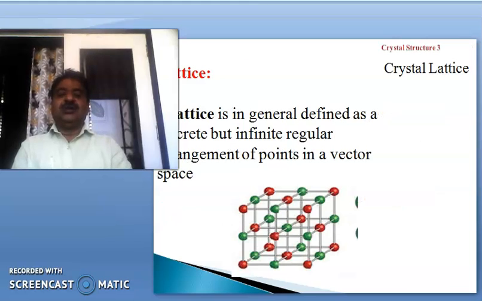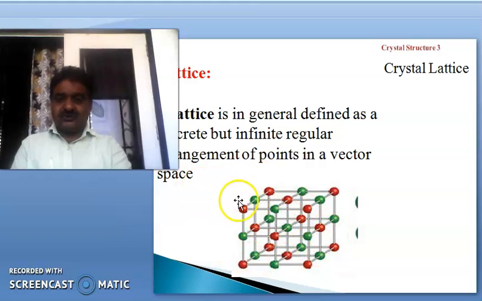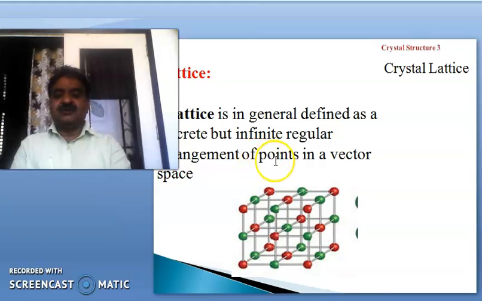You see now, carefully, this figure. Suppose these are the various constituents of the solid. We consider each constituent of the solid, like this red, green, as a point.